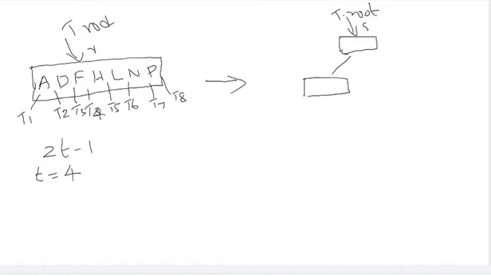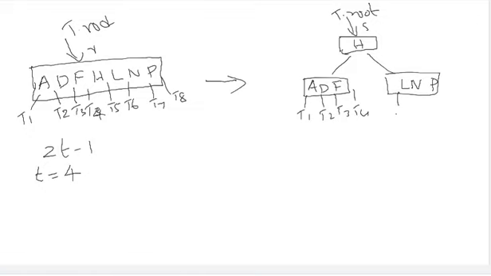Again you have these subtrees: T1 is here, T2, T3, T4, T5, T6, T7, and T8. So this is how you split the root node.